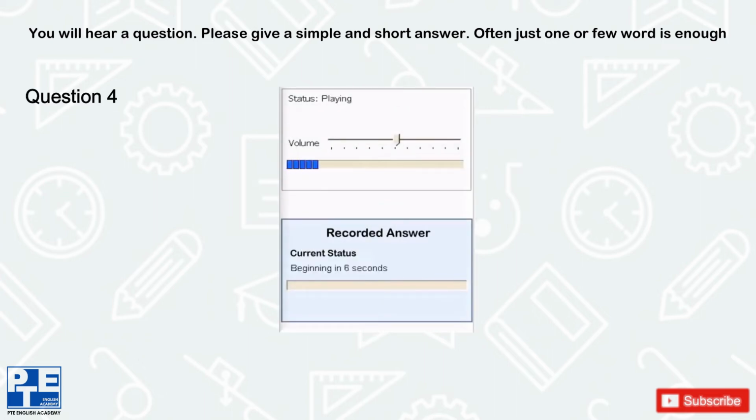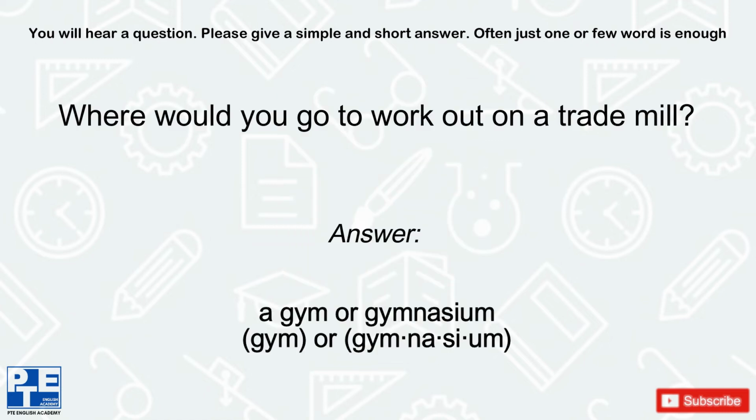Where would you go to work out on a treadmill? Answer: a gym or gymnasium.